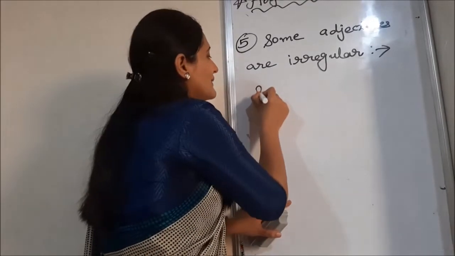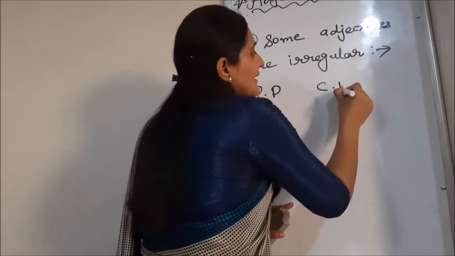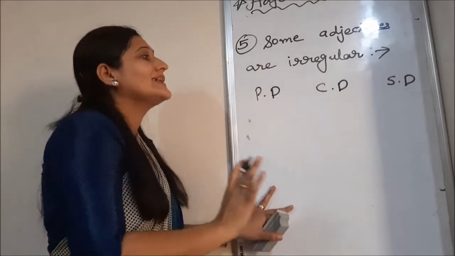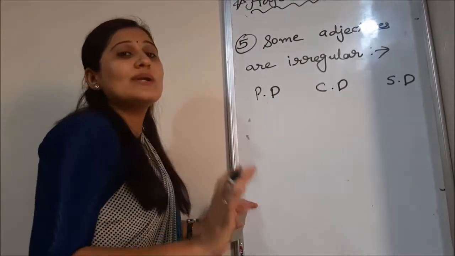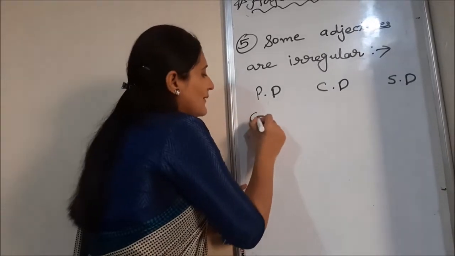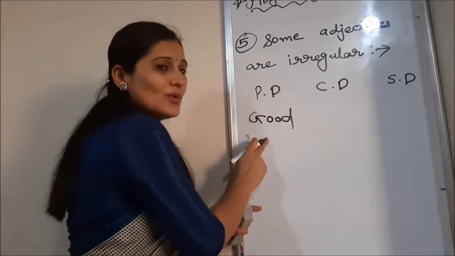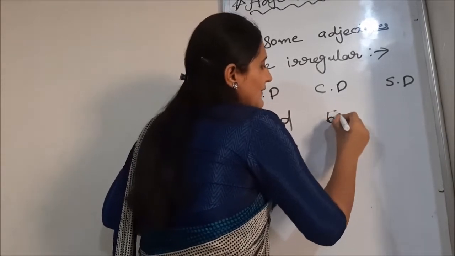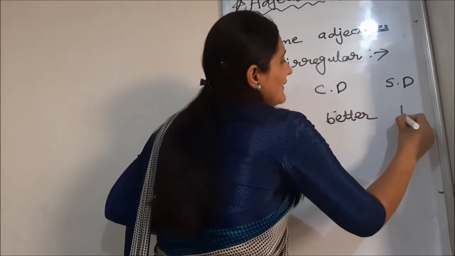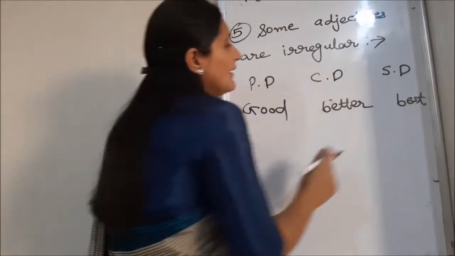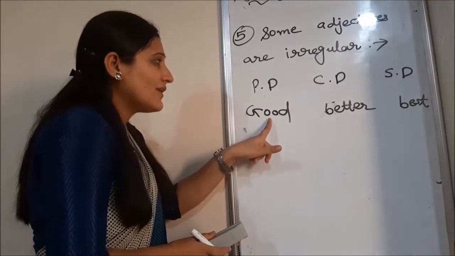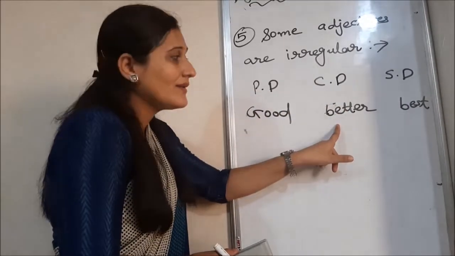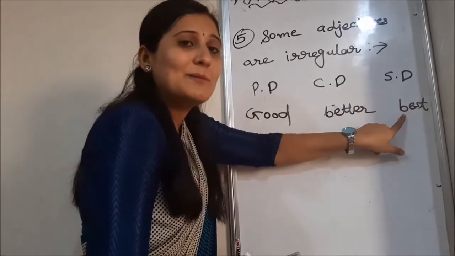Why? Let me tell you. Here this adjective will not follow the rule, no need to add anything. For example, in the positive degree good, then in the comparative degree better, and here best. If good is given in the positive degree, then in the comparative you will write better and in the superlative you will write best.